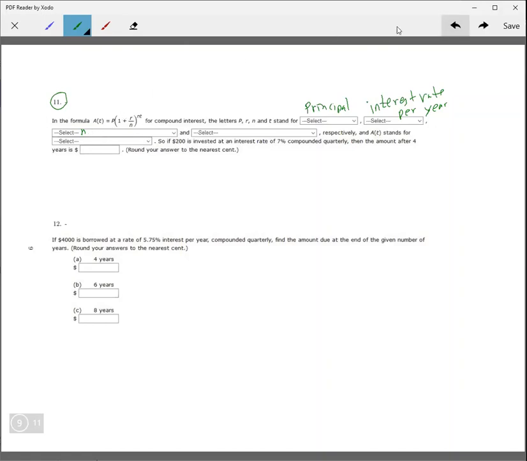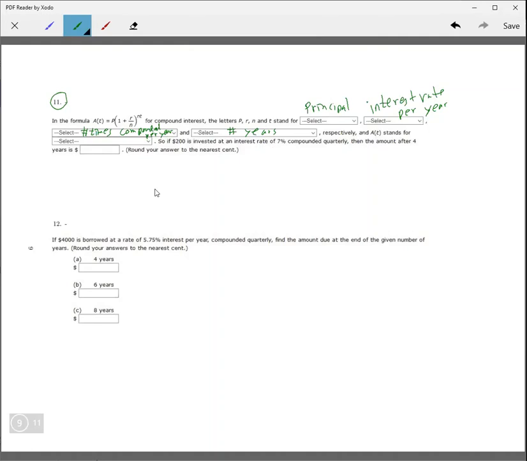Let me see. I'll write the number somewhere. This is number of times compounded per year. Okay, and then that's N. And then T is the number of years.